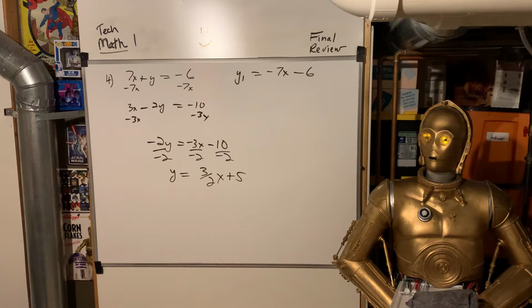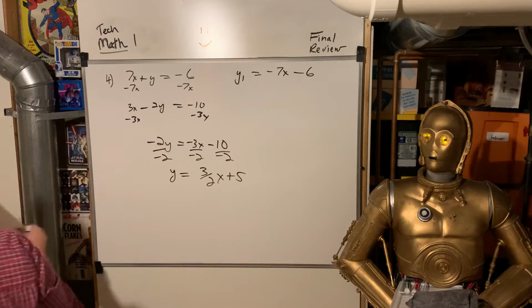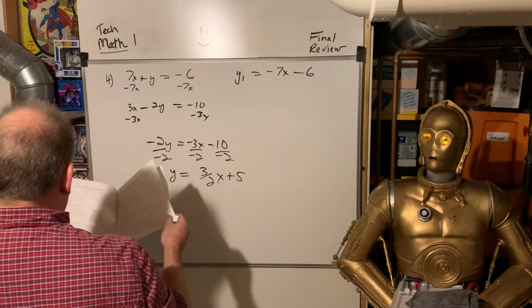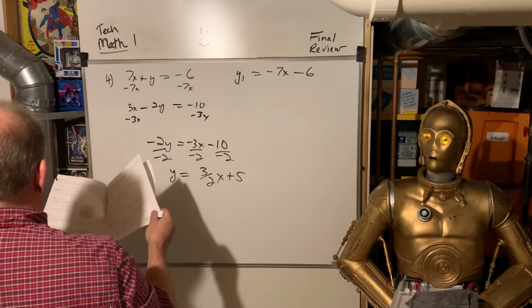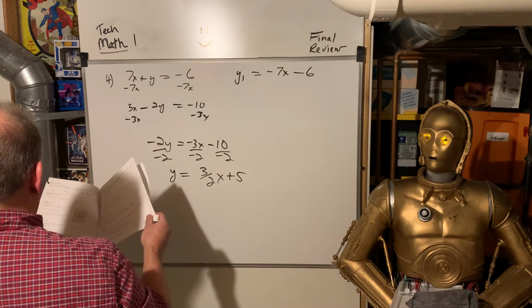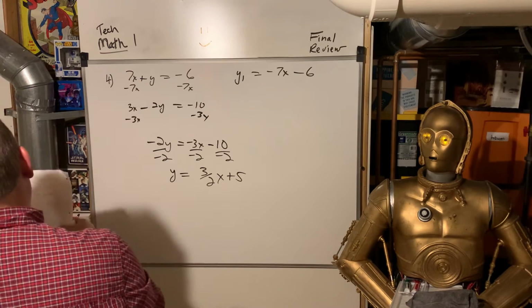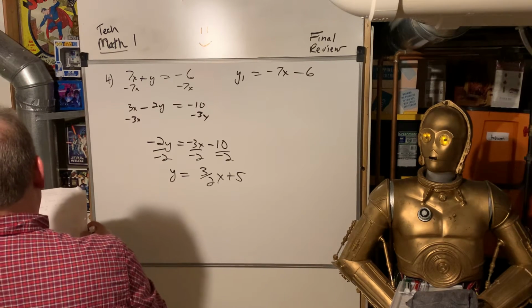Let's take a look at the original. Number 4, 3x minus 2y equals negative 10. And number 3, 3x. Hold on.